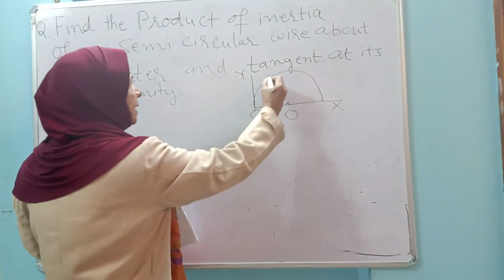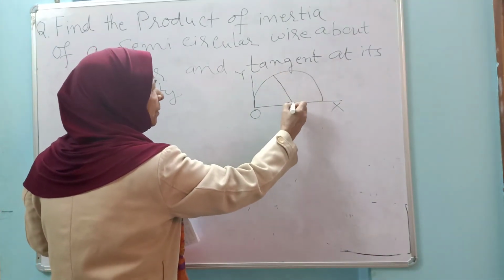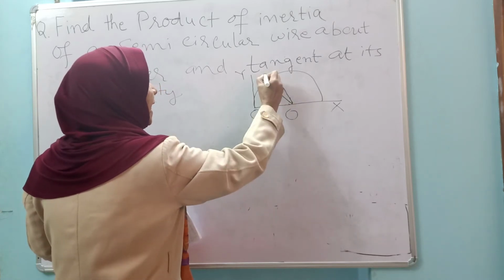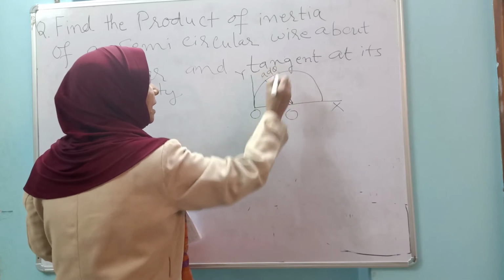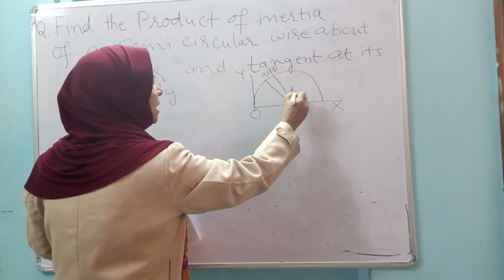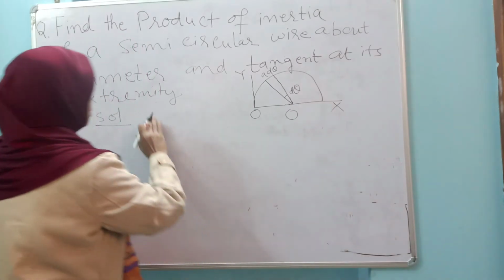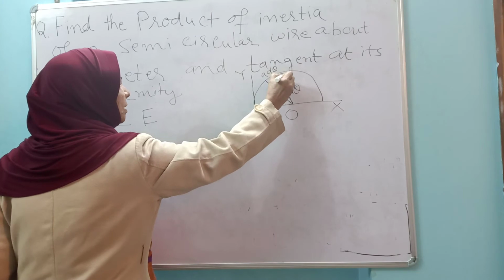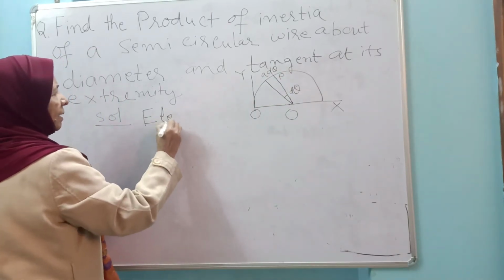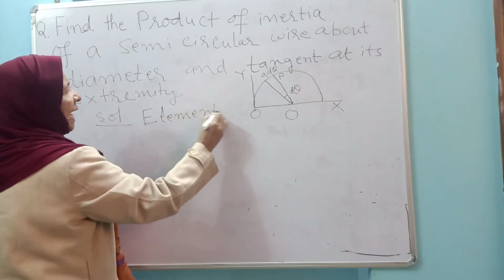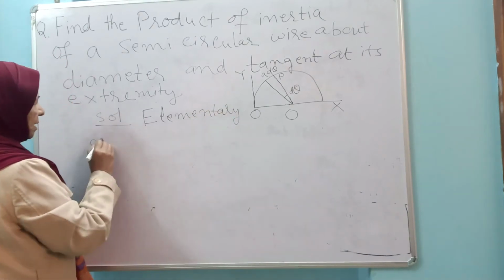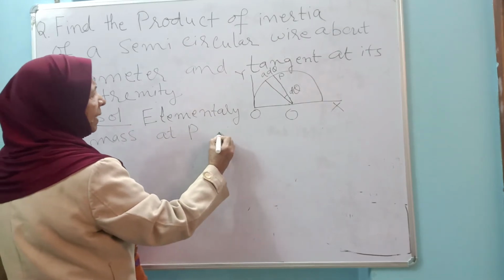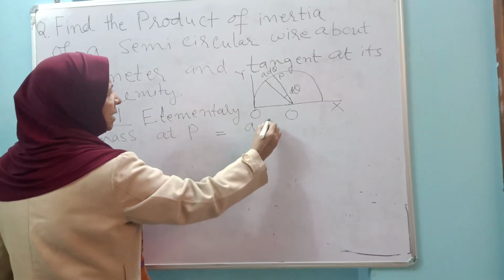You will consider an elementary portion, that will be a d theta. If this is d theta, a is the radius, so the elementary mass at P, of course, will be a d theta rho.